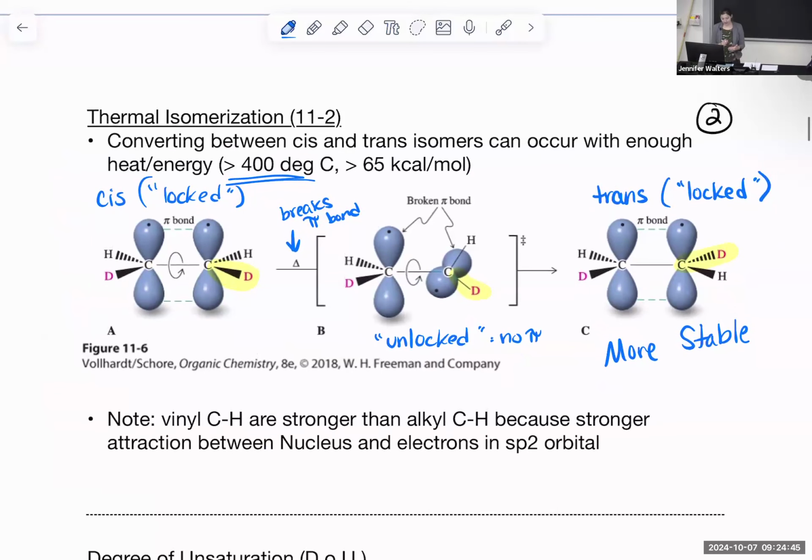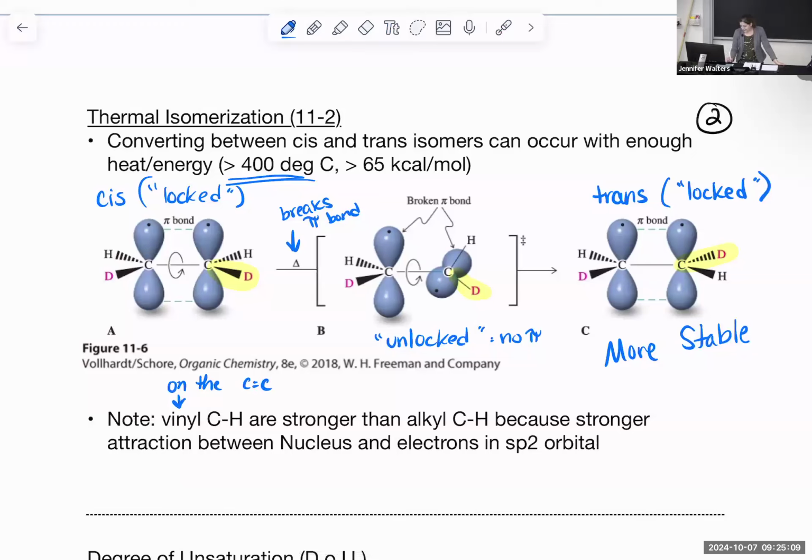So when we think about the amount of energy associated with these alkenes, we can also think about the strength of our bonds, not just the carbon-carbon bonds, but also our carbon-hydrogen bonds. So those vinyl CH, which remember vinylic means that you are on the double bond, you are directly attached to it.